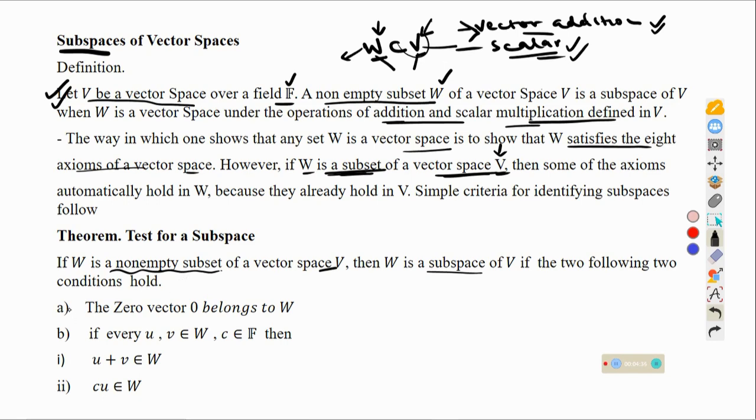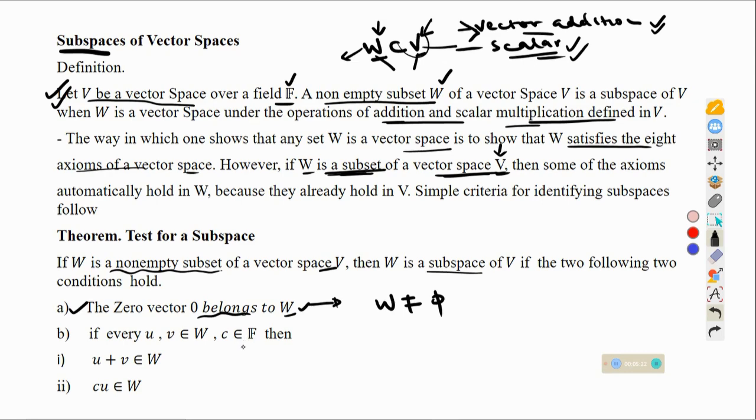One, the zero vector, that is 0, must belong to W. Why do we do this? We need to show that W is not empty, because by the definition, you must consider a non-empty subset. So in order to show that W is not empty, you must show that there is a zero vector in W.